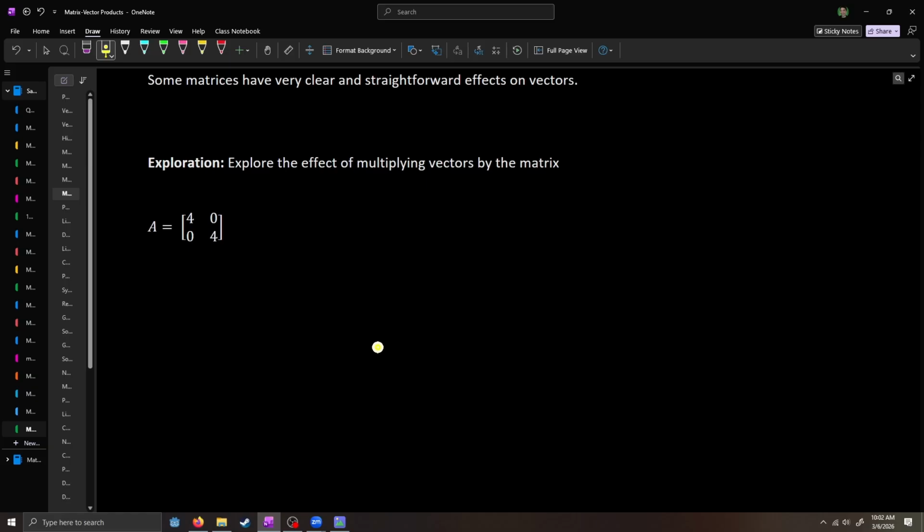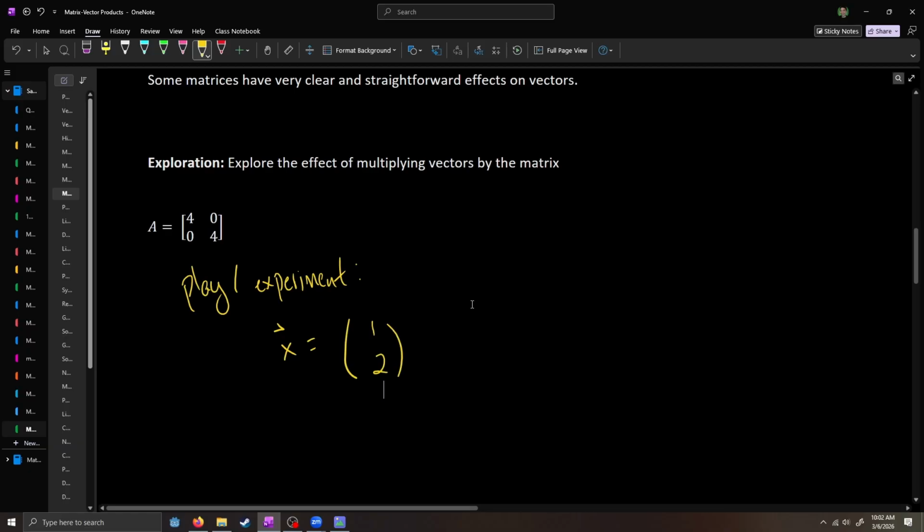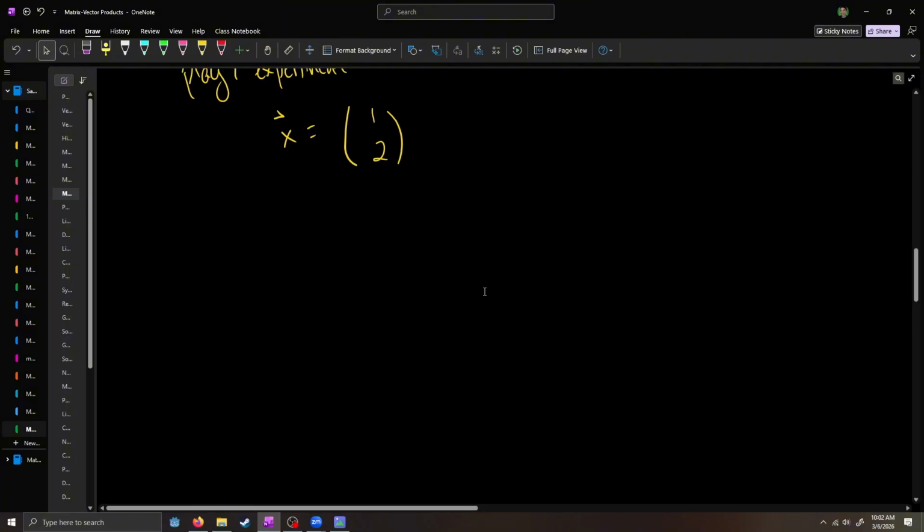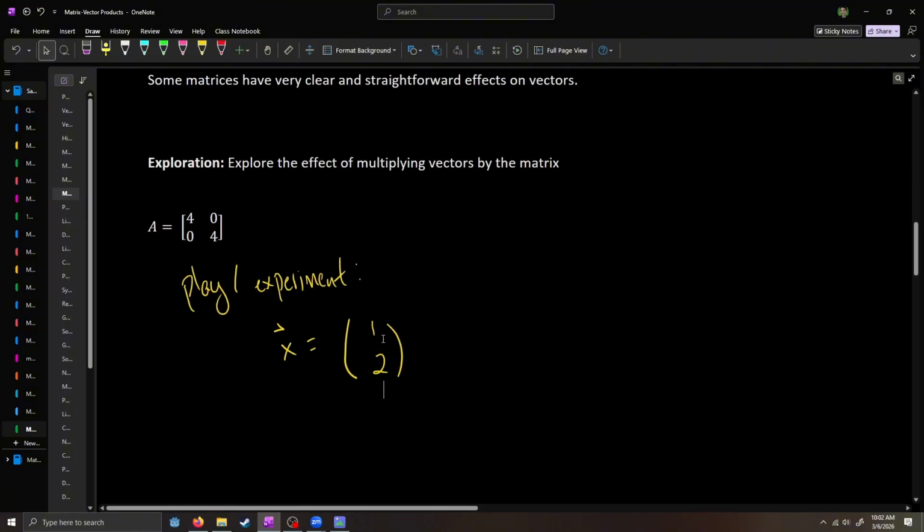So let's start, for example, by exploring the effect of multiplying a vector by this 2 by 2 matrix 4, 0, 0, 4, that has 4s on the diagonal. So let's just play around for a minute and experiment. Suppose that I start with the vector x equal to something like 1, 2. I'm starting notably with a vector that has 2 entries so that I can multiply it by this 2 by 2 matrix.